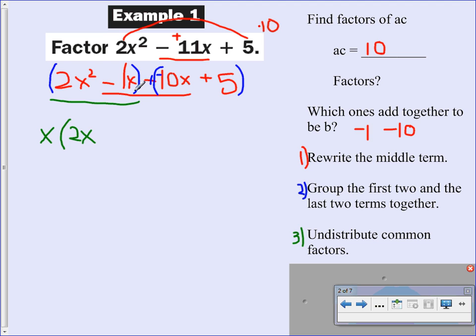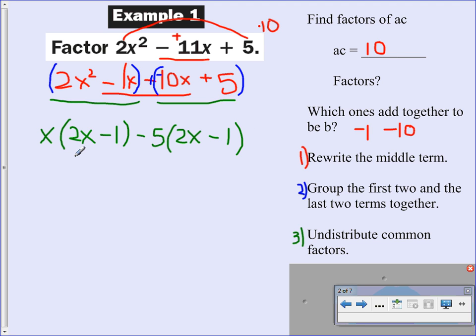If I take 1x and pull out an x, I'm left with minus 1. Now I'm going to do the same thing for the second set, negative 10x plus 5. Both of them can be divided by, you know what, let's divide by negative 5 so that the first term becomes positive. If you take negative 10x divided by negative 5, you get 2x. And positive 5 divided by negative 5 will give you minus 1.